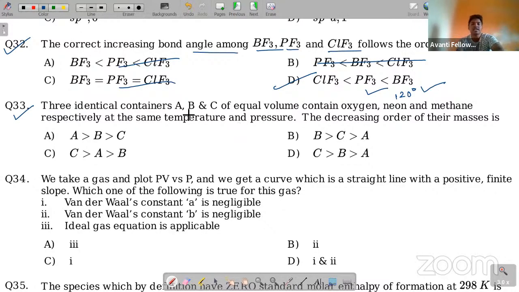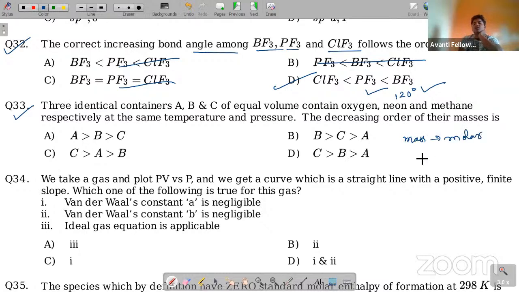Right. Next one: 3 identical containers A, B, C of equal volume containing oxygen, neon, and methane, respectively, at the same temperature and pressure. What will be the decreasing order of their masses? Simple thing, for mass you just need to consider the molar mass also.